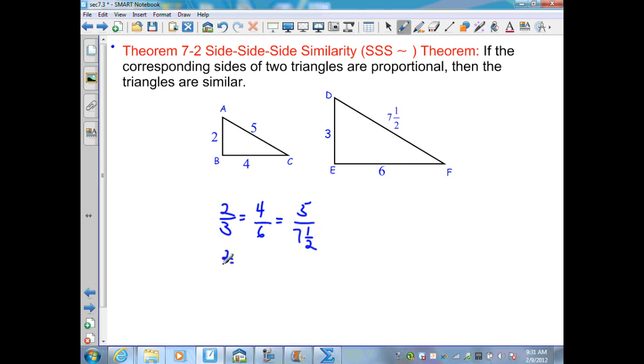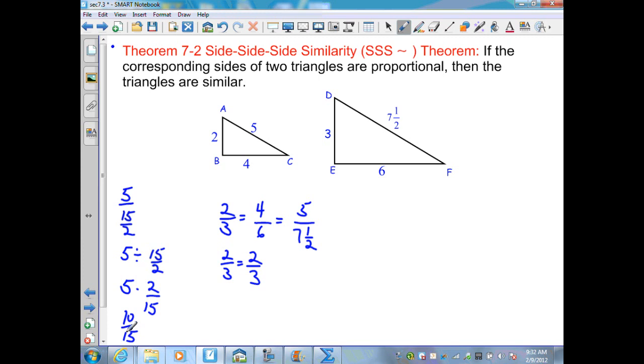This is 2/3 simplified. 4/6 is 2/3 when I simplify. And 5 over the improper fraction is going to give me 15 over 2, which gives me 5 divided by 15 over 2, or 5 times 2 over 15, which will be 10 over 15.